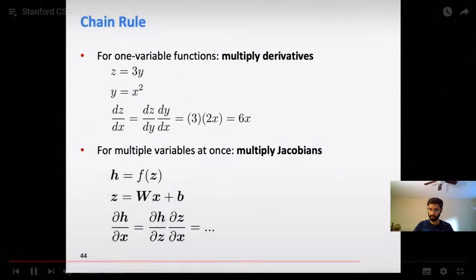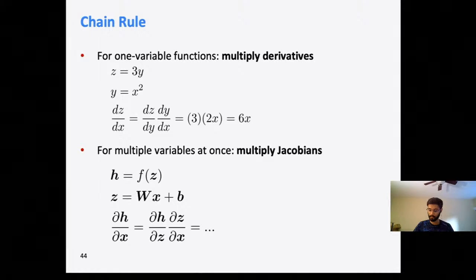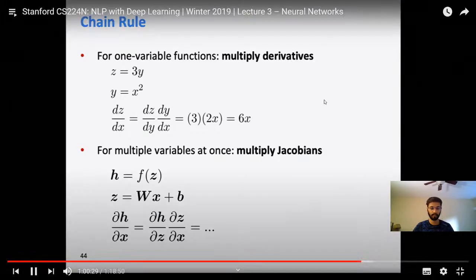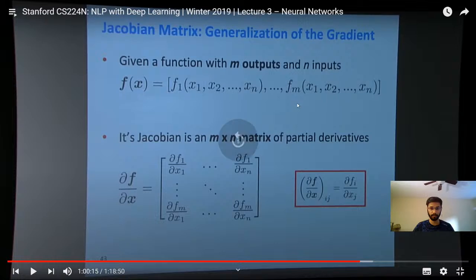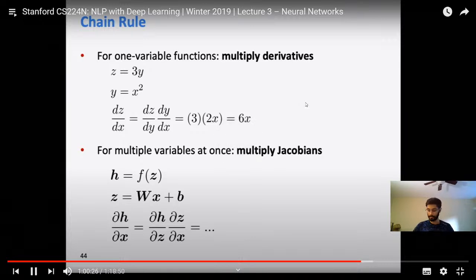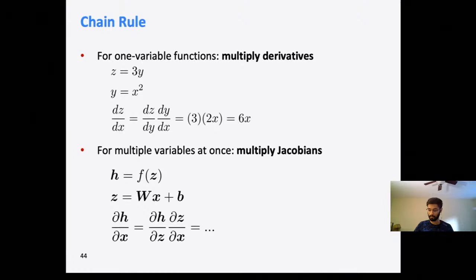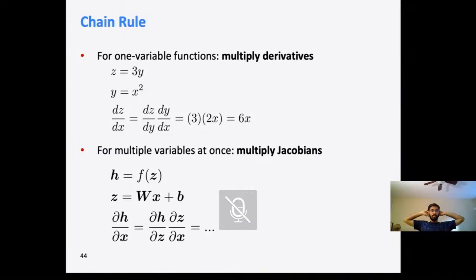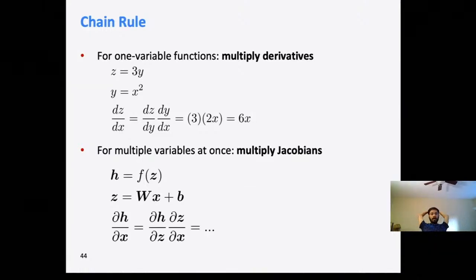Okay. Then we already saw when we were doing Word2Vec that a central tool we have to use to work out our derivatives of something like a neural network model is that we have a sequence of functions that we run one after another.